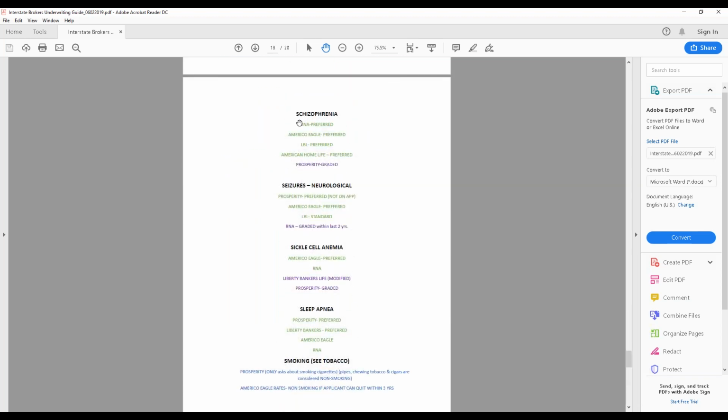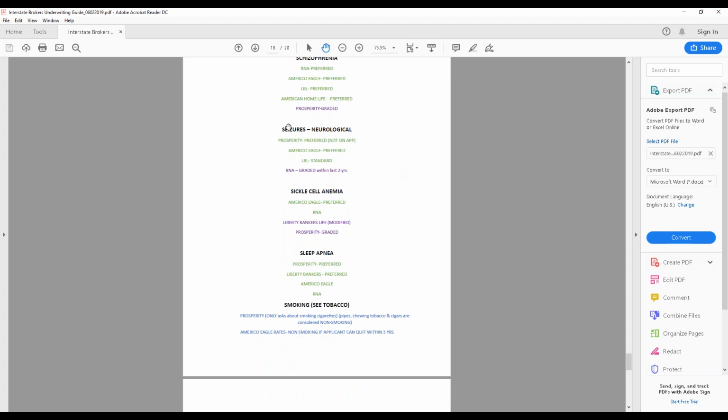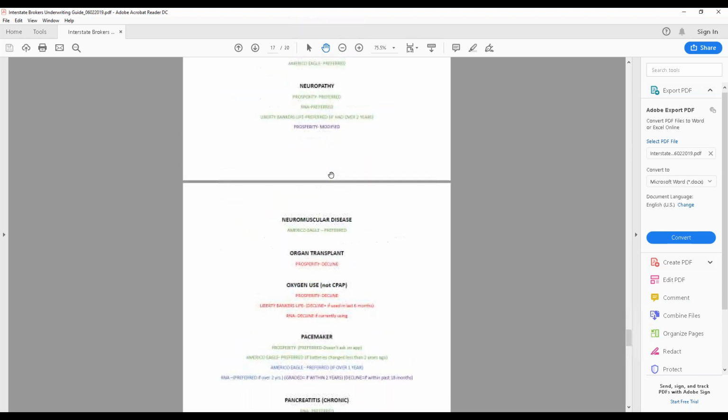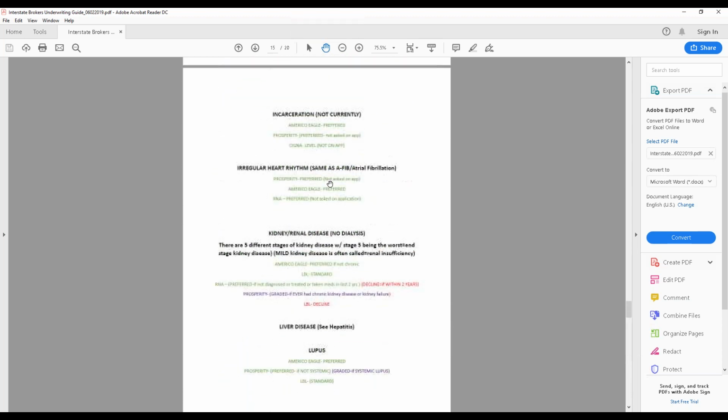Okay, schizophrenia, a couple of carriers will take them preferred, 1 carrier takes them graded. Somebody who has seizures, okay, you'll come across somebody who has a history of epilepsy. 3 of our carriers will take them standard or preferred, level coverage. 1 of our carriers will take them graded. So very important, you quickly scan through the medical underwriting guide.